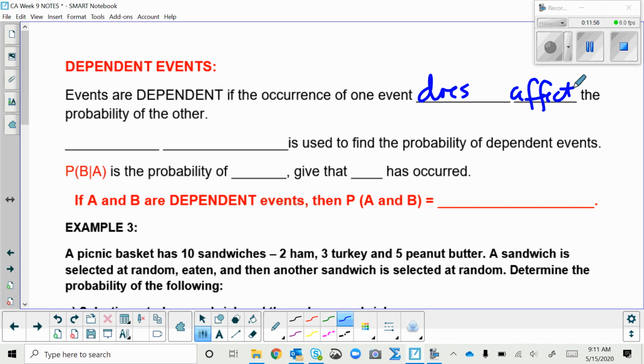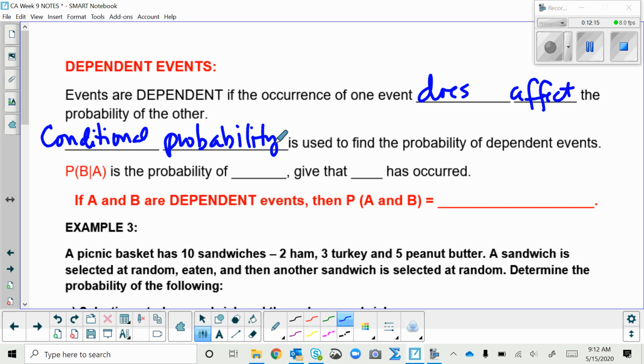And we would call this conditional probability. Conditional probability is used to find the probability of dependent events.